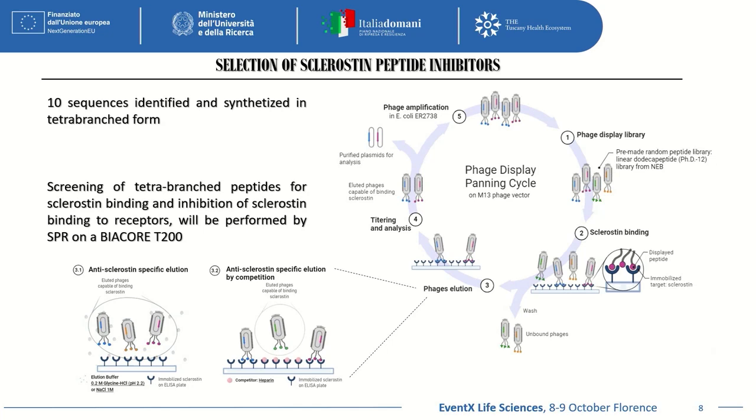So the phages bound to the antigen were detached by adding heparin. So the heparin could bind to the immobilized sclerostin, which was used for the panning, and hopefully we could select those phages that bind heparin, which means that hopefully they can more probably bind also LRP receptor.